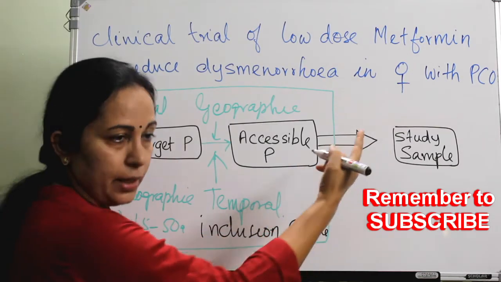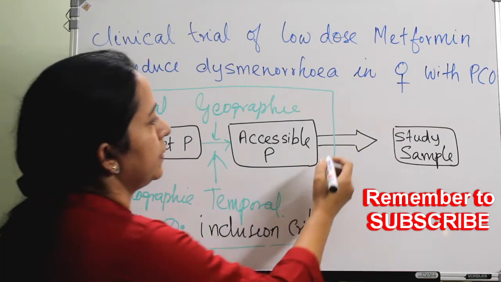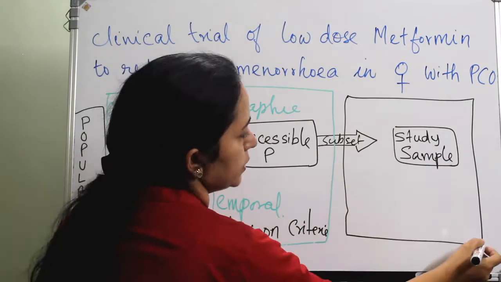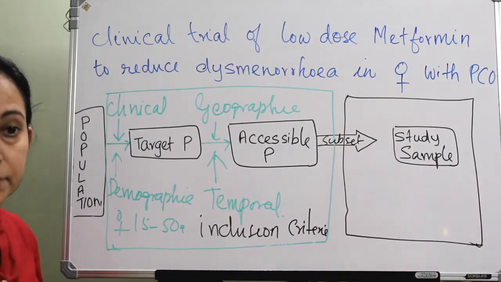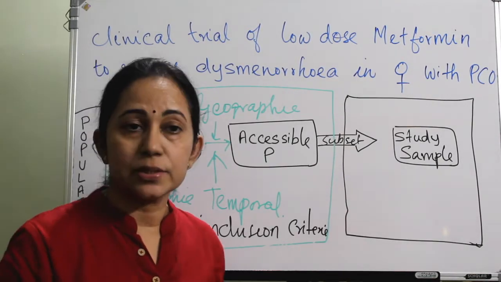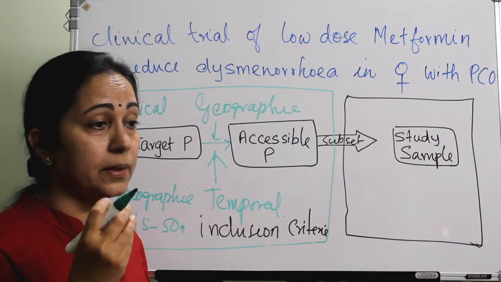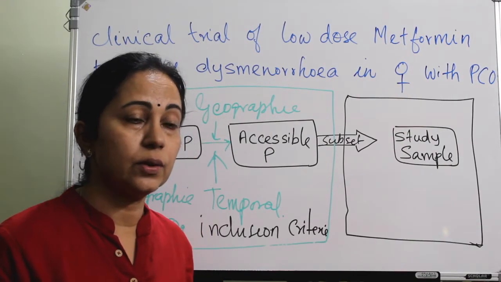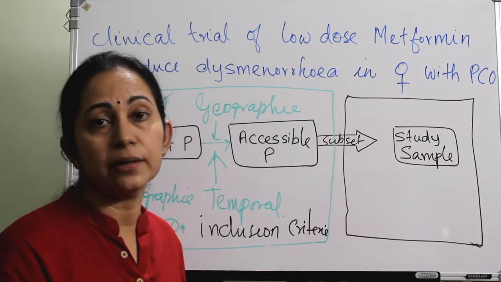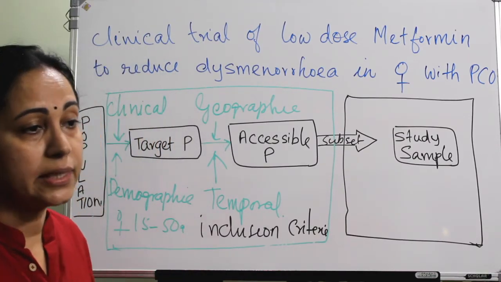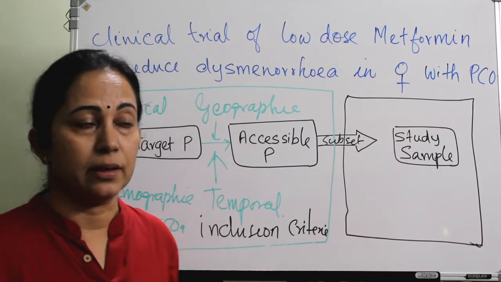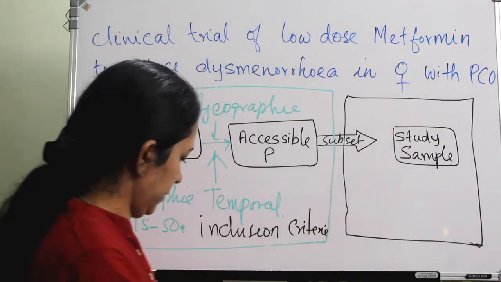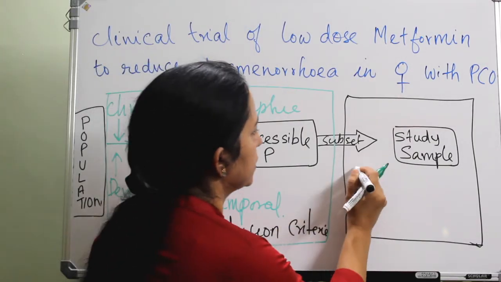And as I already told, the study sample is actually a subset of this accessible population. Your exclusion criteria comes in this. That is, what is exclusion criteria? The property that may interfere with the follow-up effort or the quality of your data or with the treatment options in a case of randomized trial. So what will be the exclusion criteria in this example?